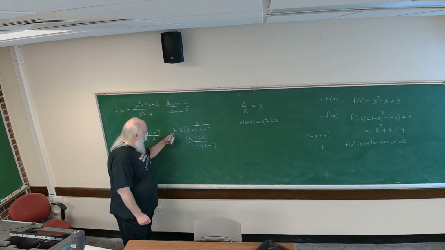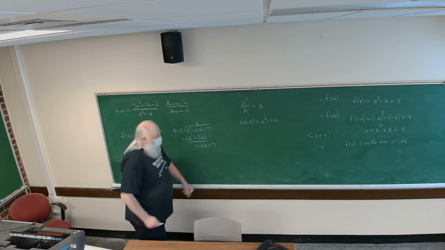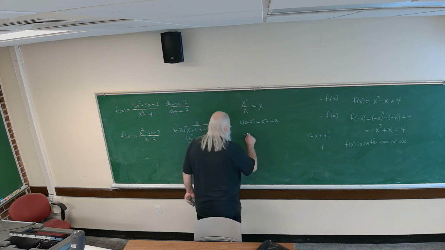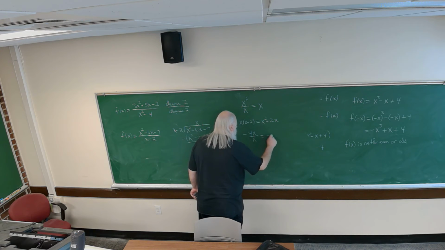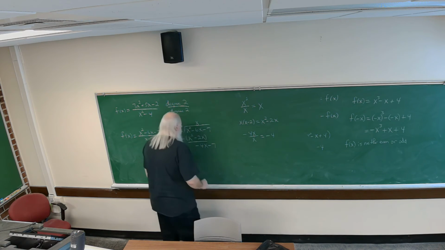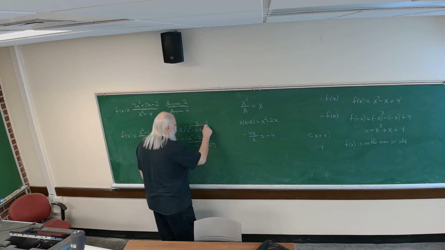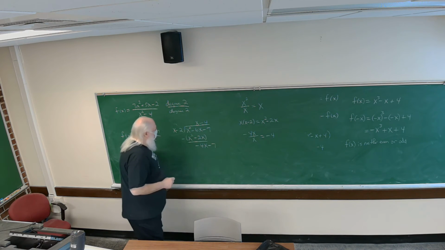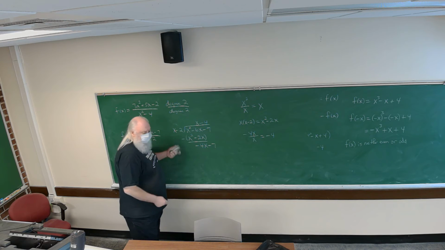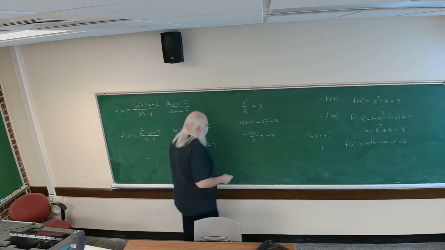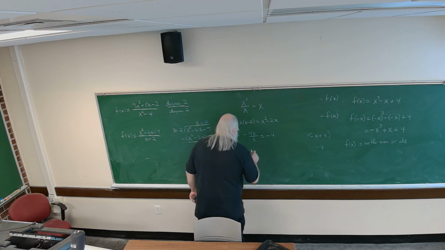Then how many times does x go into minus 4x? Minus 4 times. So then you multiply minus 4 times x minus 2. Technically, we're done at this stage.